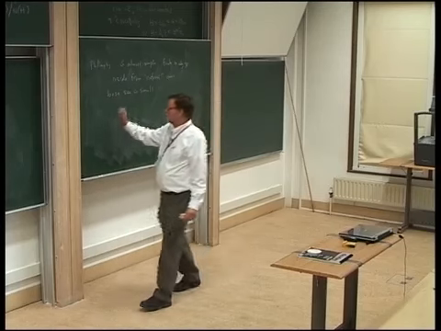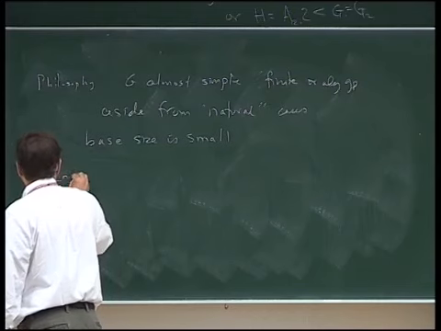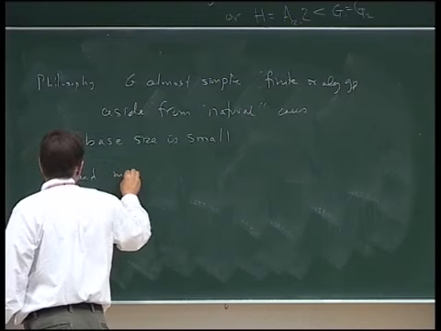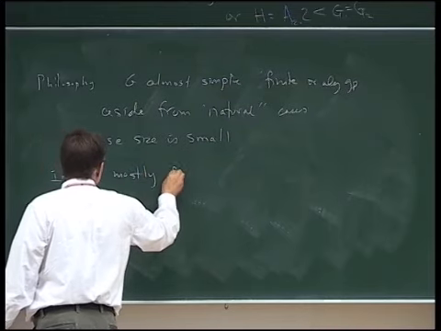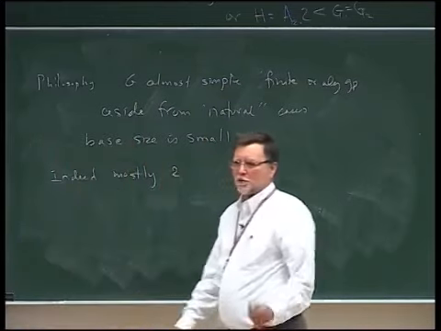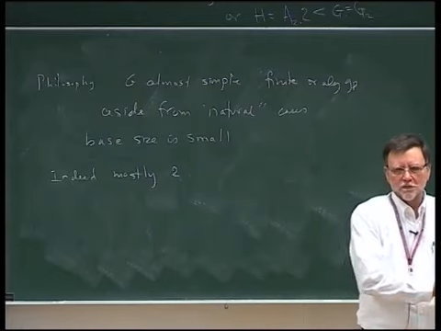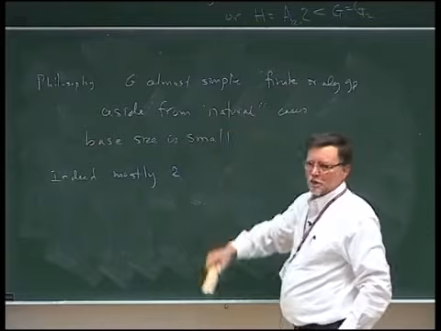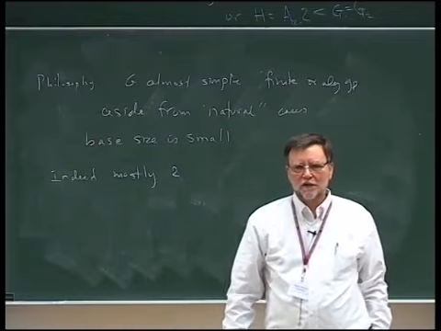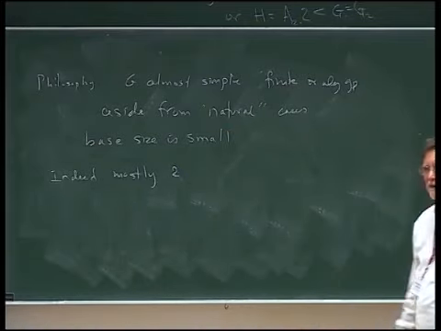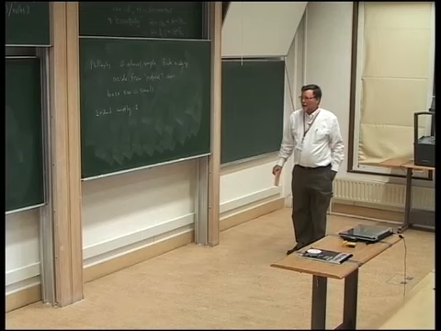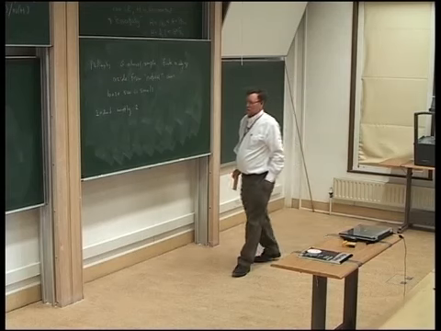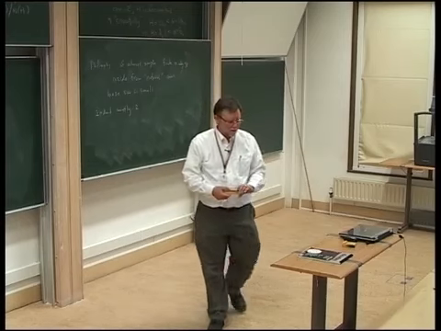So Tim Burness and Jan Saxl and I have a project to classify those primitive permutation actions of almost simple groups in which the base size is not 2. And it turns out there aren't very many. Although, again, if you want to get a complete list of exceptions, it's certainly a lot of work.